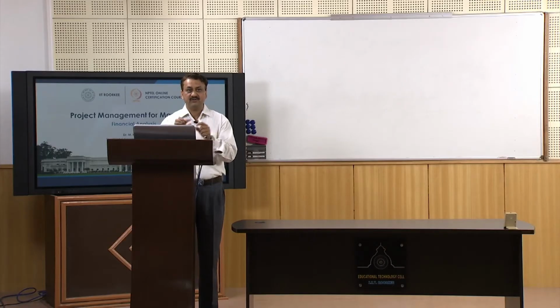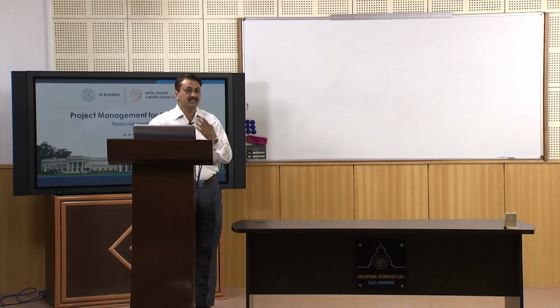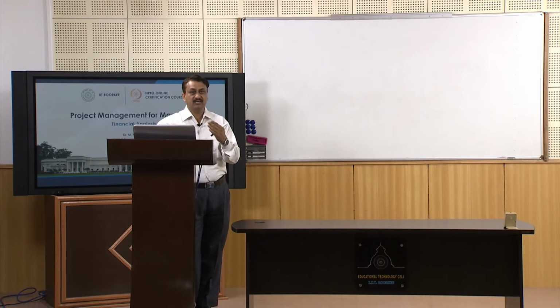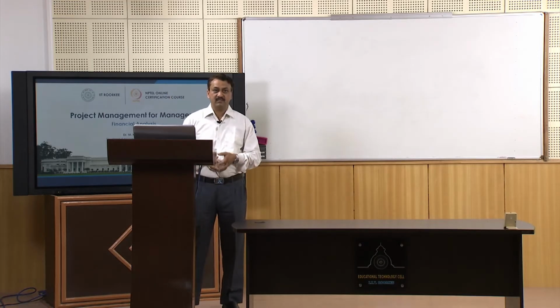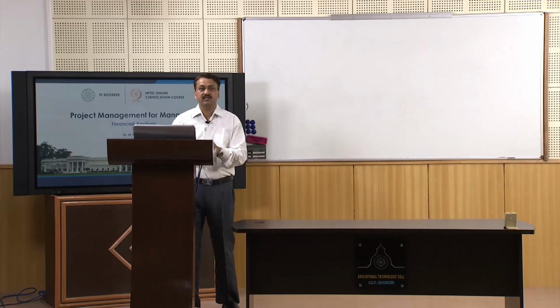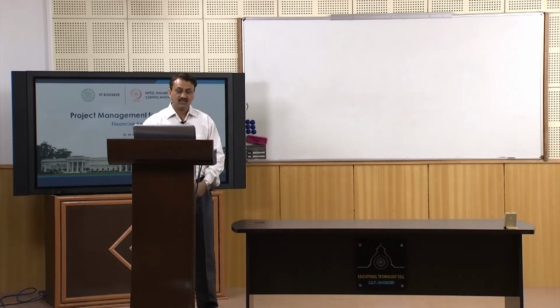So, at the end of the day you would have more money. This is something called time value of money. I am going to talk about time value of money in the next slide. Time value of money is nothing but the idea that money available today is worth more than money available tomorrow.